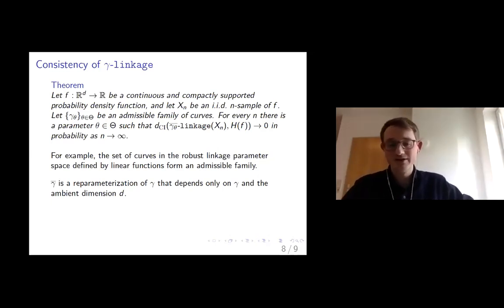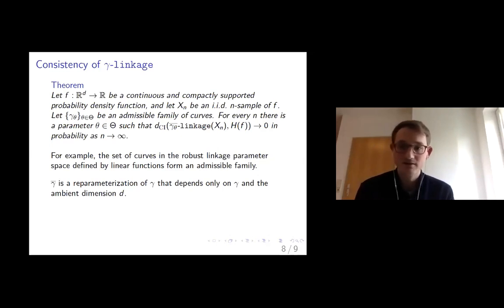So, for example, if your admissible family of curves was all of the curves defined by linear functions, then this theta would be something like R^2, the two coefficients in the linear function that defines the curve. And this is another way in which I have not been very precise about what consistency means, and this is often a subtle point in consistency results.